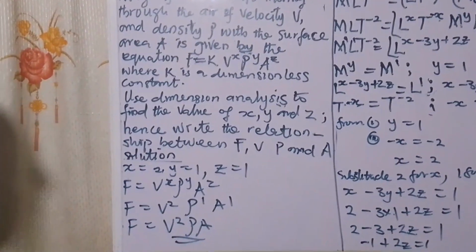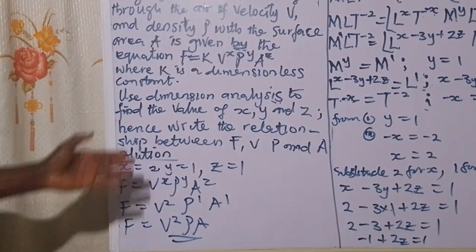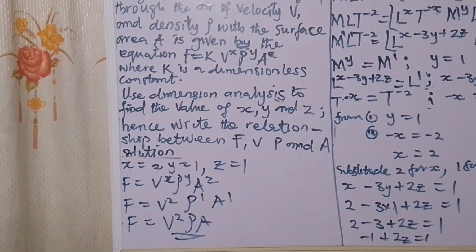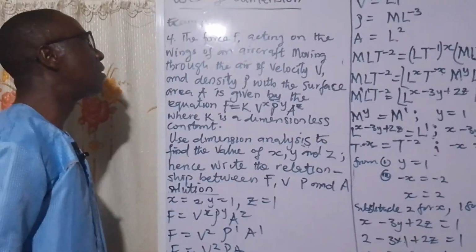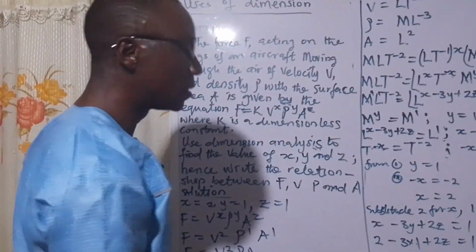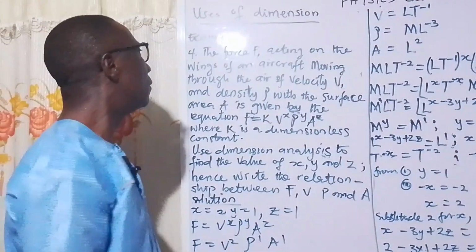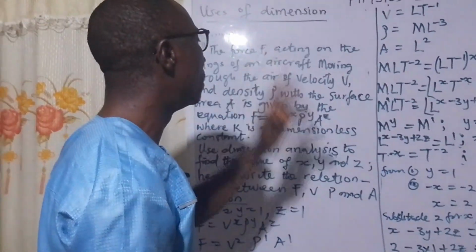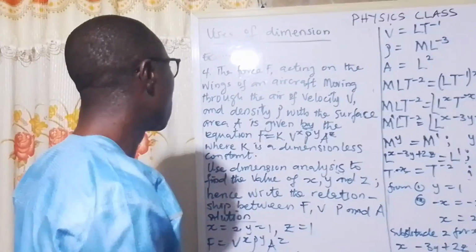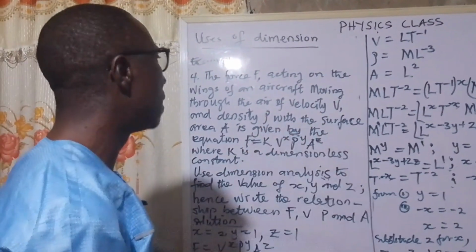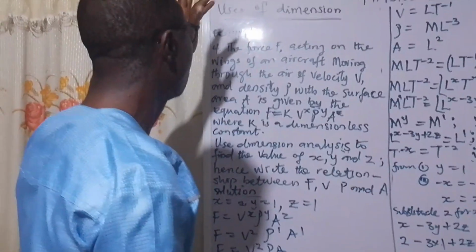That will be the relationship between the three quantities. It will be the end of the lesson for the uses of dimension. Under number 3, we say that we use dimension to derive the exact physical relation between physical quantities. And you can now say that from the 4 examples given now.